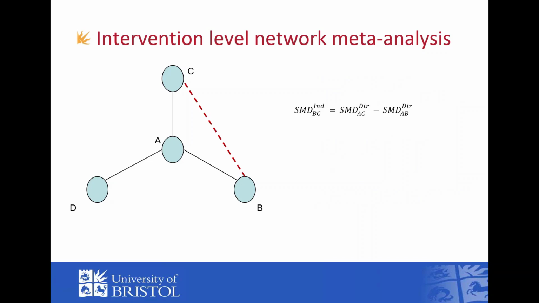And again, as I'm sure everybody knows, combining our evidence in a network meta-analysis also allows us to make indirect comparisons where we lack head-to-head direct evidence, say here of CBT versus behavioural therapy.